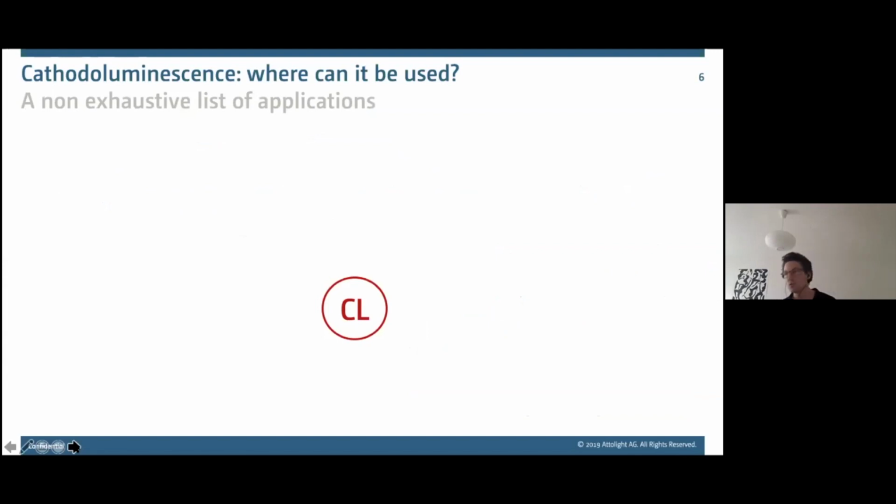Where can it be used? I think that's a legitimate question. It was originally discarded as a really niche technique, and I think it still is. It's not quite as widely usable as energy dispersive X-ray spectroscopy, yet it's gaining importance in quite a few topics.